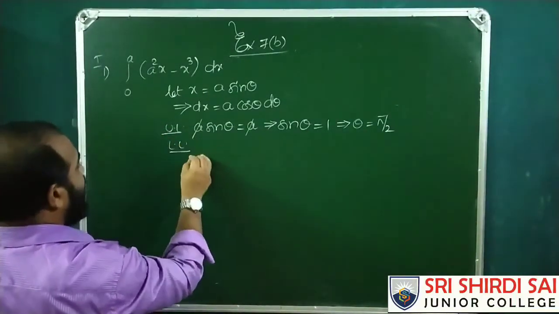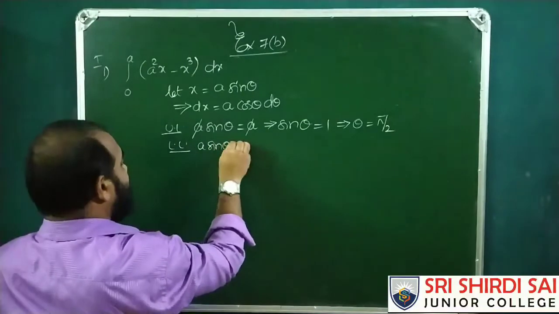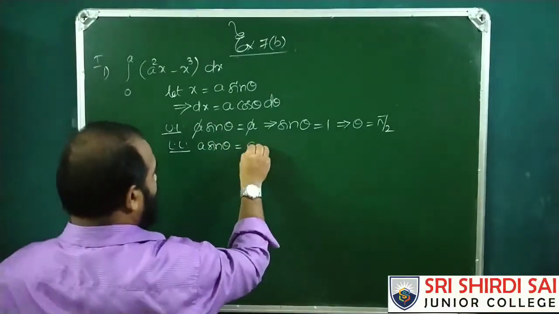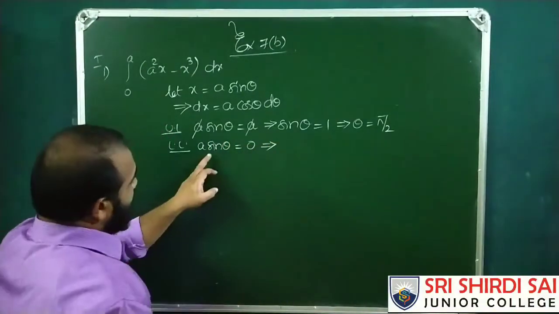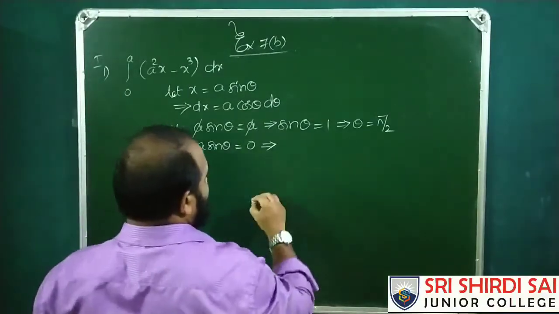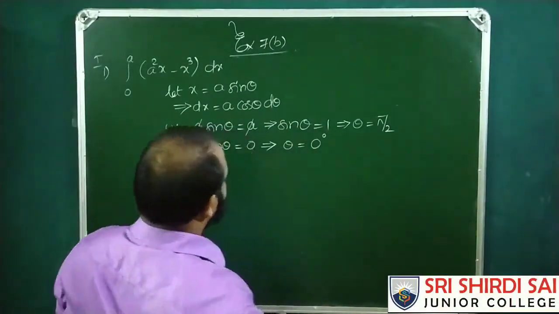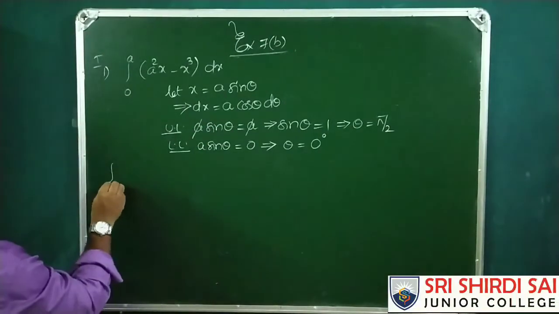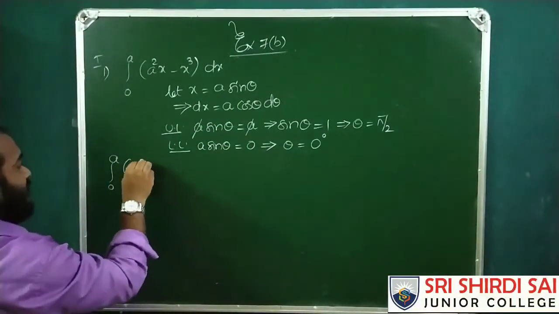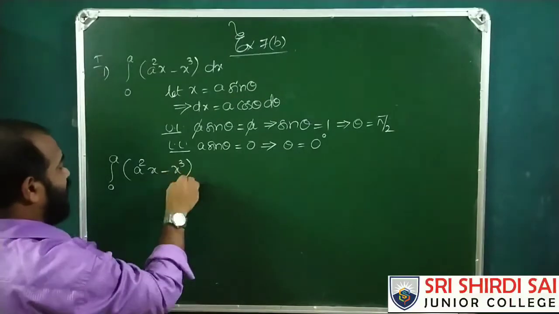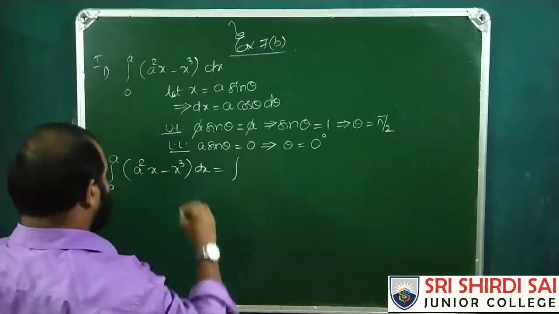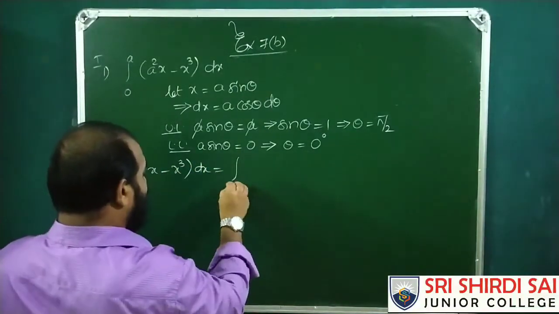And lower limit: a sin theta is equal to 0. From this, sin theta equals 0 by a, sin theta equals 0, then theta equals 0 degrees.